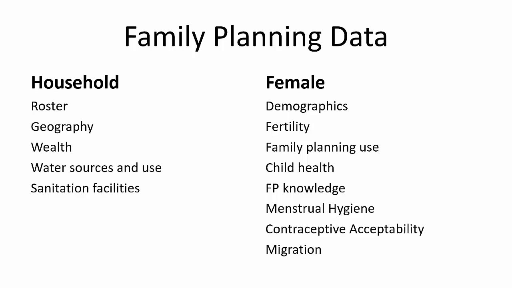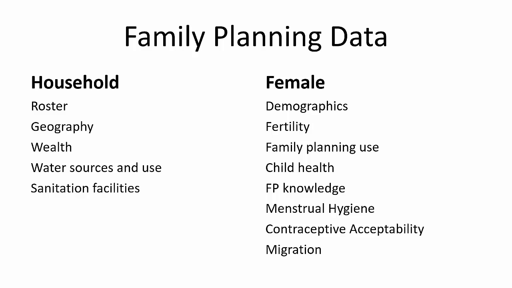The family planning surveys at the person-level unit of analysis are the core of PMA. There is detailed information about the household composition, sanitation and water sources, possessions, etc. The female surveys contain numerous topics related to family planning, fertility, sexual and reproductive health, and other information.